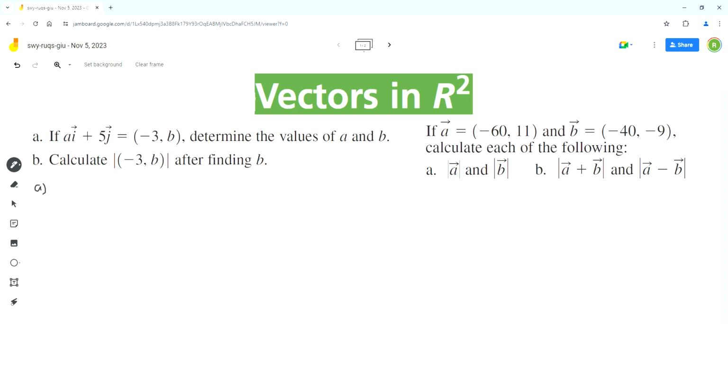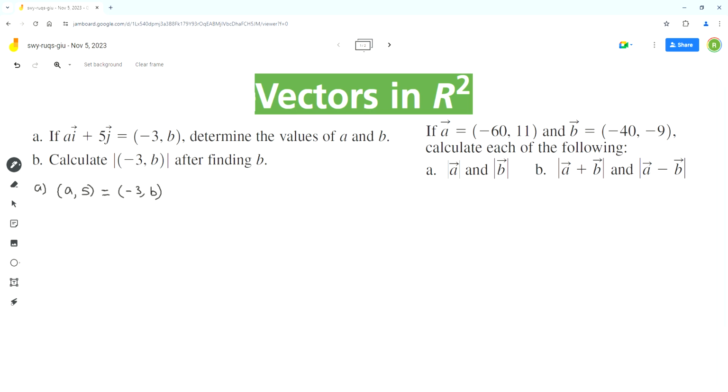So the first thing we can do is to rewrite this vector in unit vector form in component form. So this is the given equation.